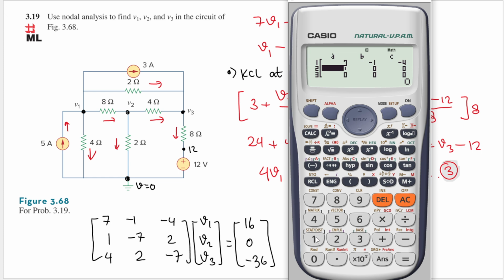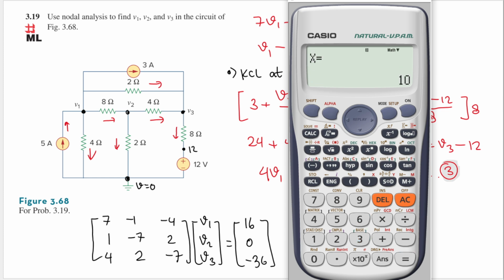And then 1, minus 7, 2, and then 0. And then 4, 2, minus 7, and then minus 36.